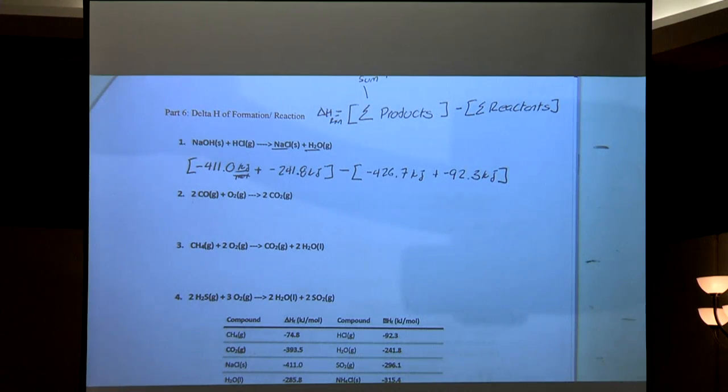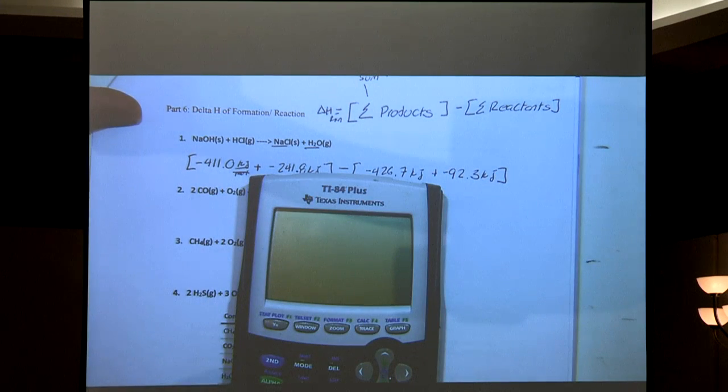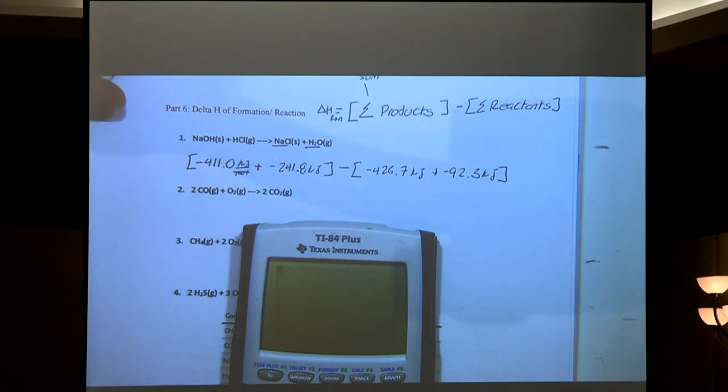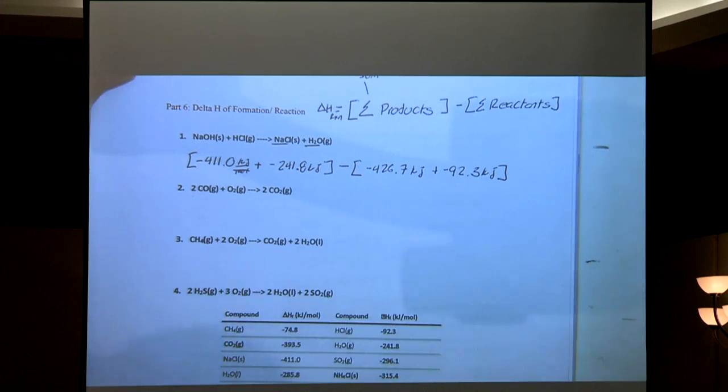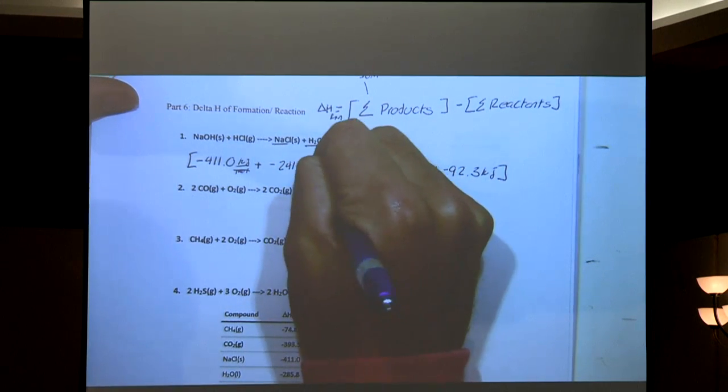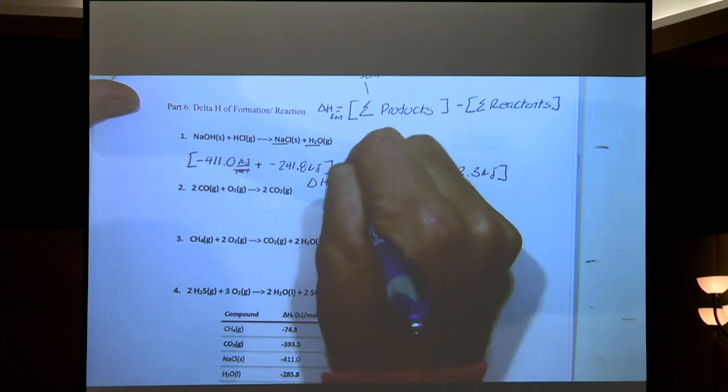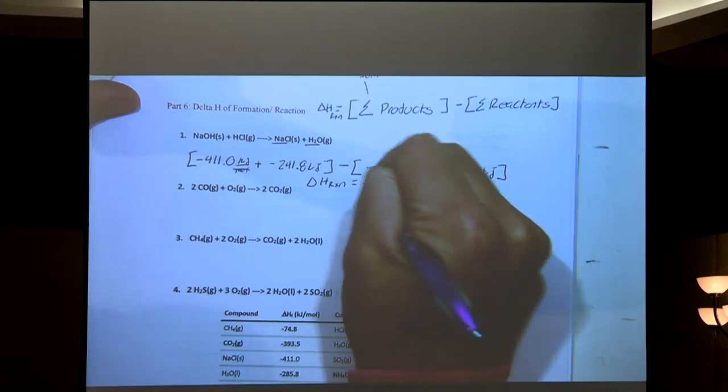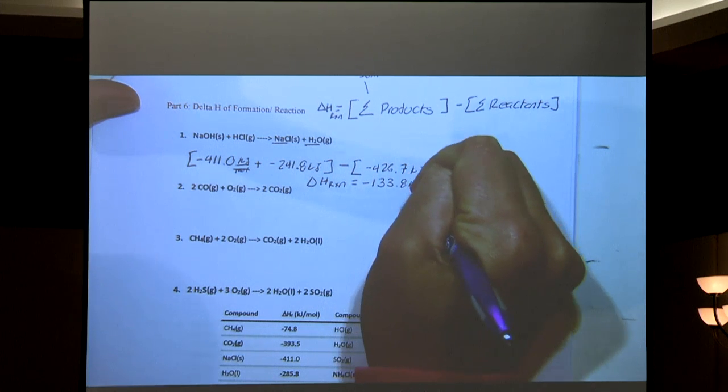Now it's just a math problem. You just solve. So we get a delta H of reaction equal to negative 133.8 kilojoules.